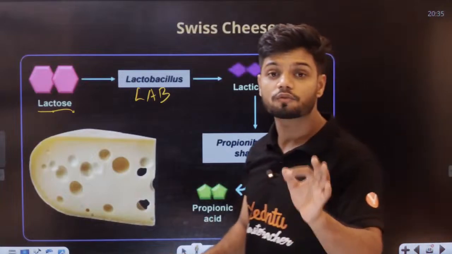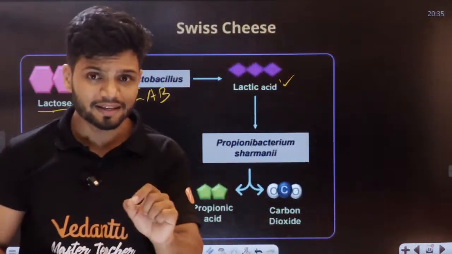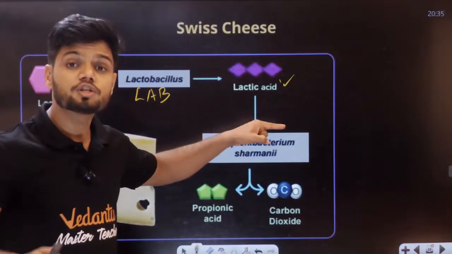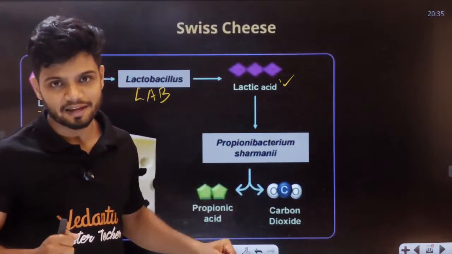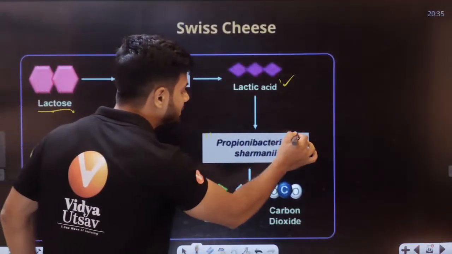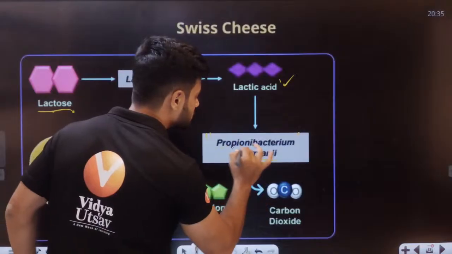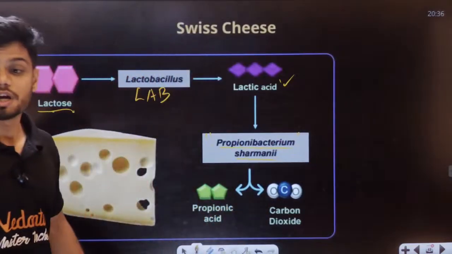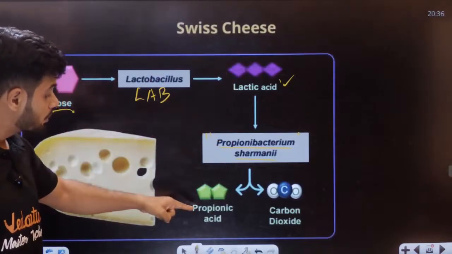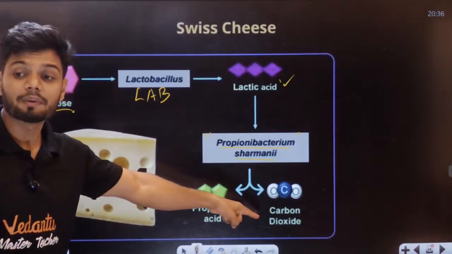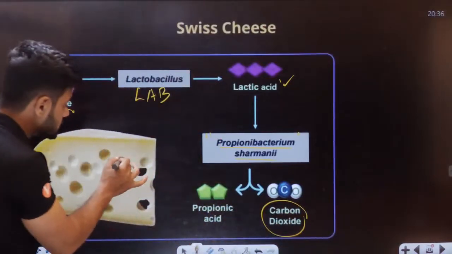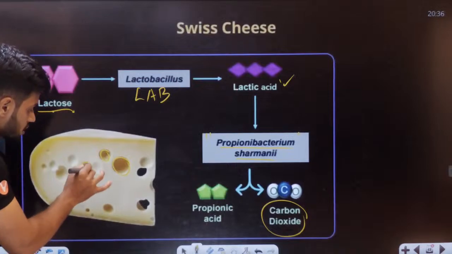Now, in the case of Swiss cheese, this lactic acid is actually used by a bacteria again. It is used by a bacteria called Propionibacterium shermanii. Students, this bacteria will break the lactic acid into propionic acid and carbon dioxide. And this carbon dioxide is stored in this cheese.